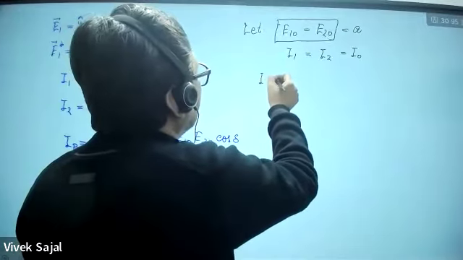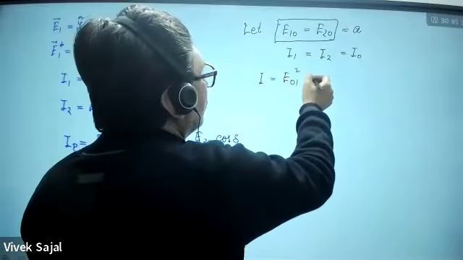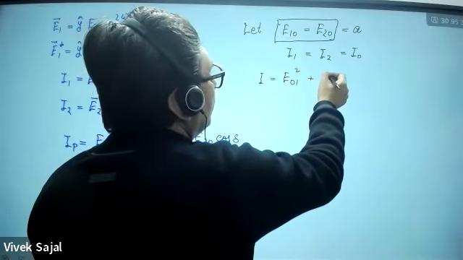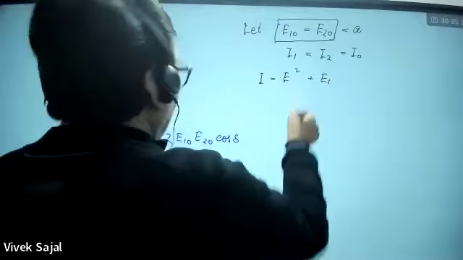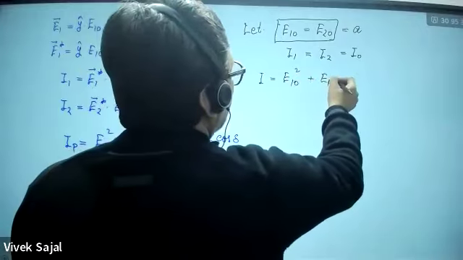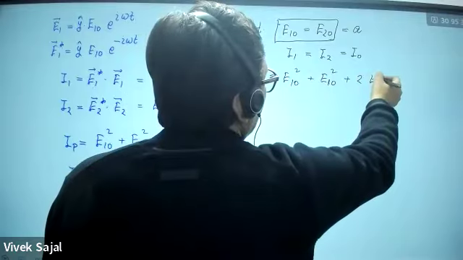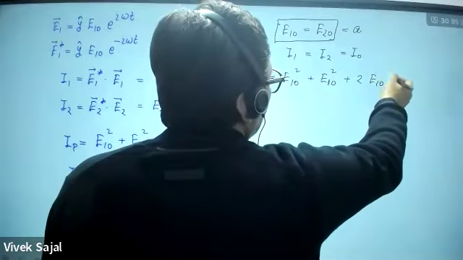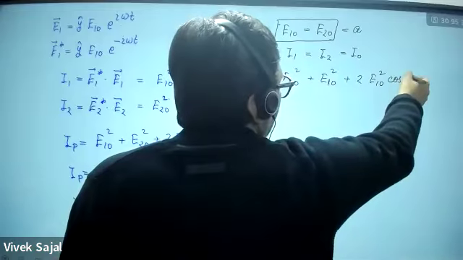This I, this is E1 naught square. So here replace this E2 naught by E1 naught: E1 naught square plus 2 times E1 naught E2 naught. So E2 naught is equal to E1 naught. So this will be square and this will be cos delta.